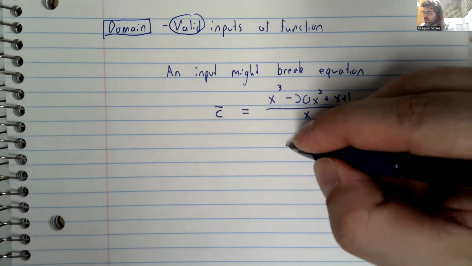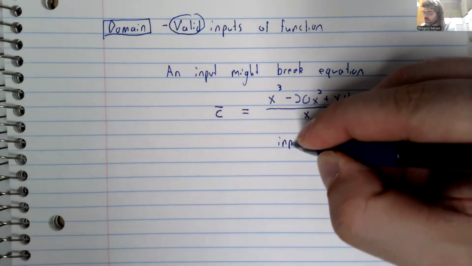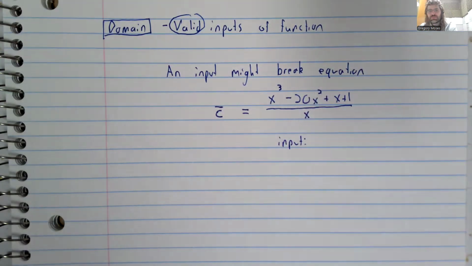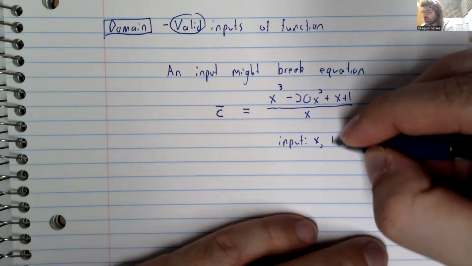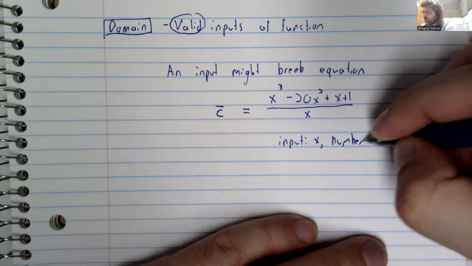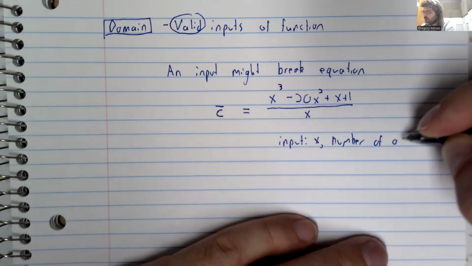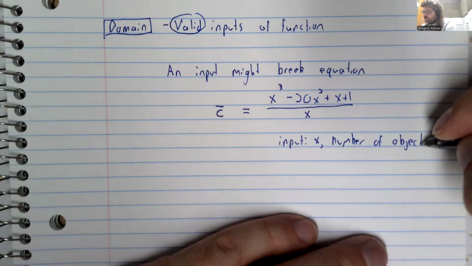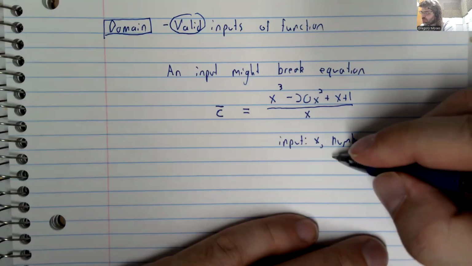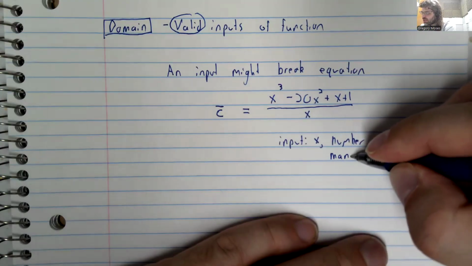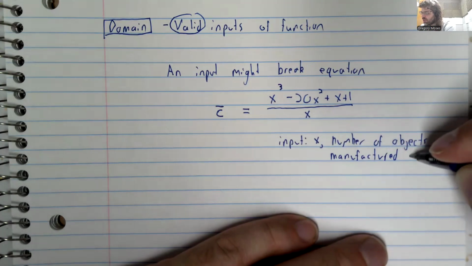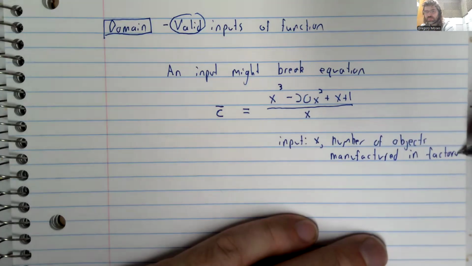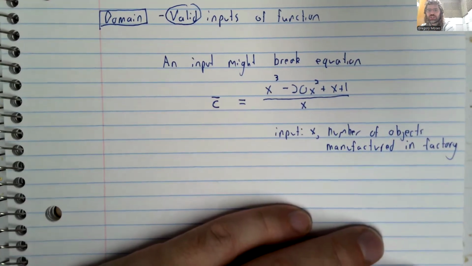So what this function is doing, it's taking as an input x the number of objects, let's say manufactured in a factory.